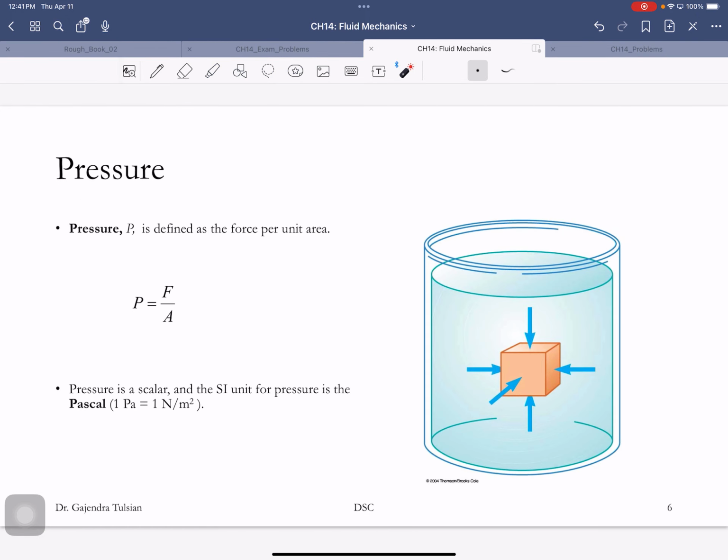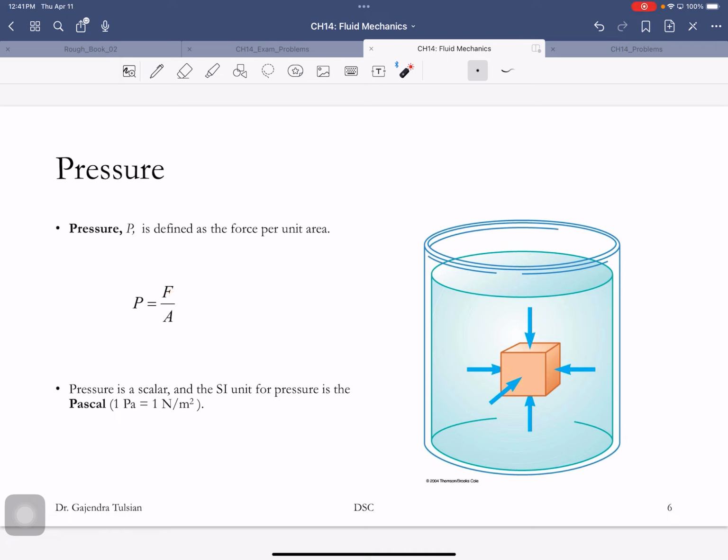The next thing we defined was pressure. A fluid will exert a pressure on objects, and the force that the fluid exerts is always perpendicular to the surface. Pressure is defined as force per unit area.